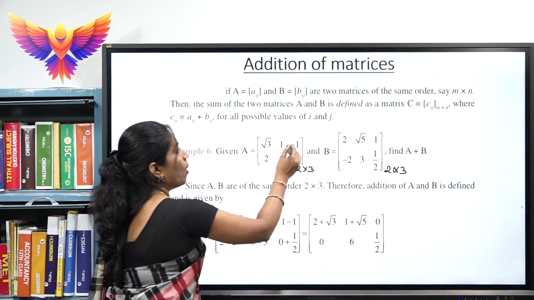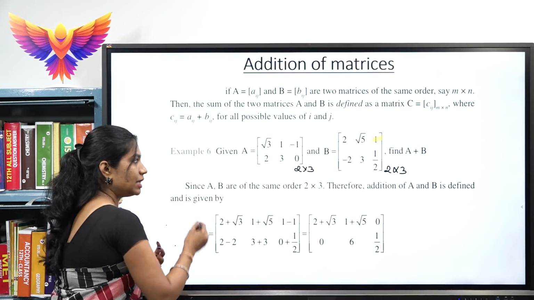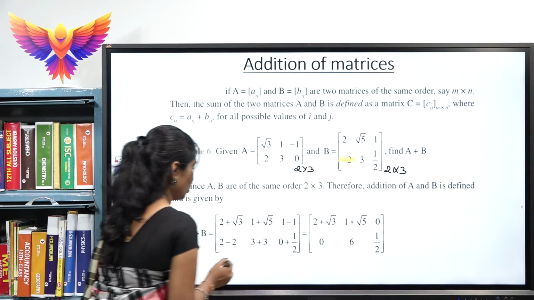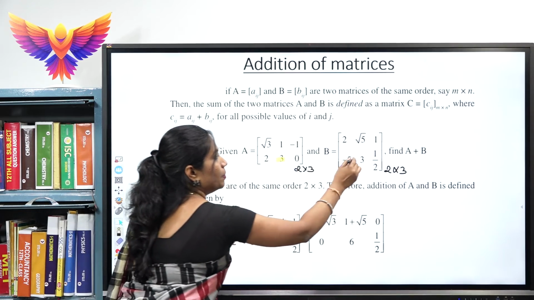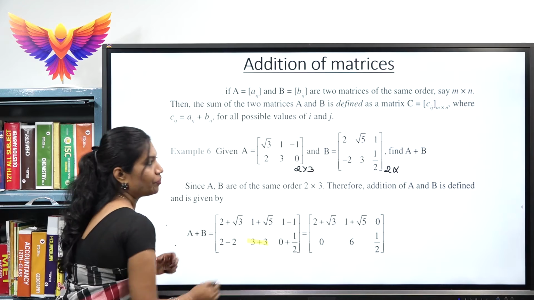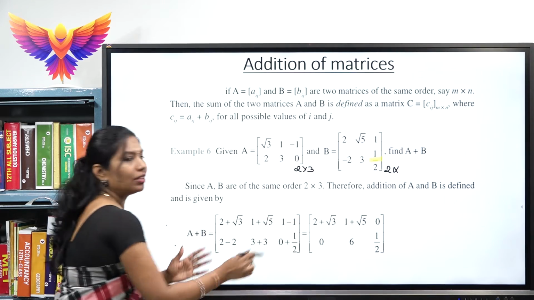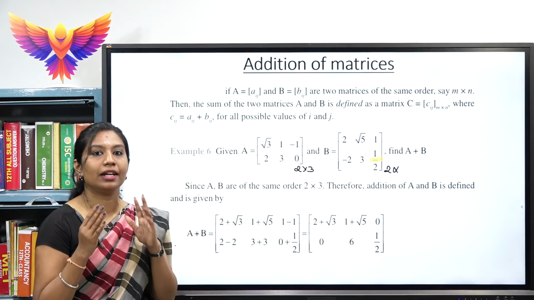Same way, minus 1 and plus 1. Then in the second row, first element, 2 and minus 2, so I can add it as 2 minus 2 here. Then 3 and plus 3, which is 3 plus 3. Similarly, the next one is 0 and 1 by 2. All the corresponding elements of both the matrices need to be added individually.